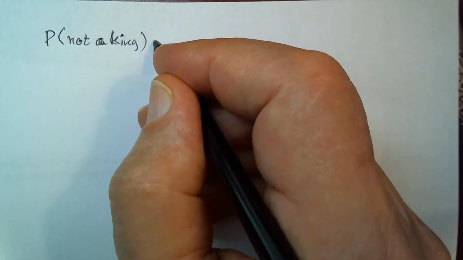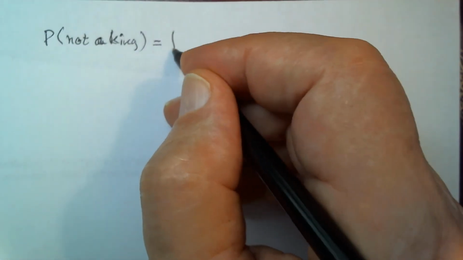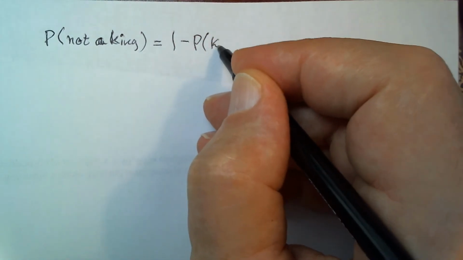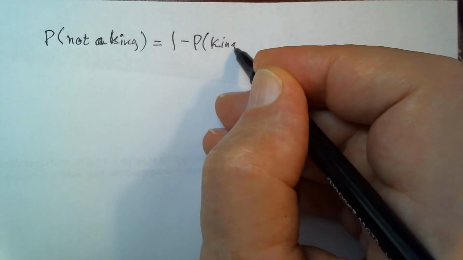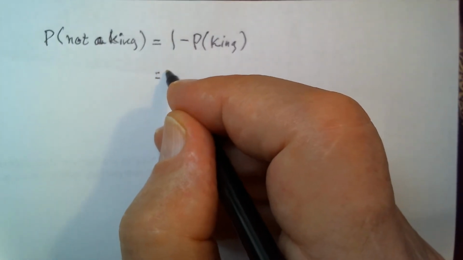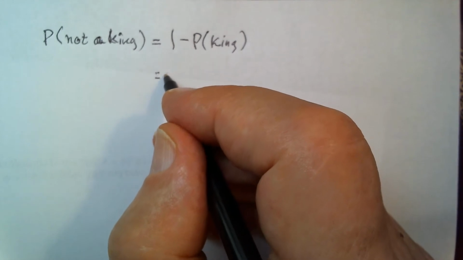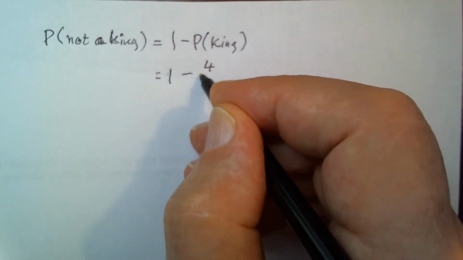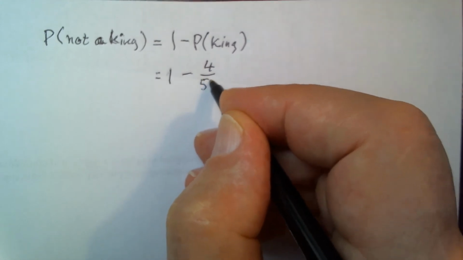By realizing that, we can write this: the probability of not a king, drawing a card that's not a king, would be 1 minus the probability of a king. And since there are 4 kings, that's equal to 1 minus 4 out of 52 cards.